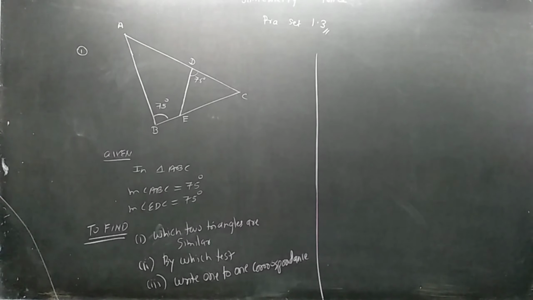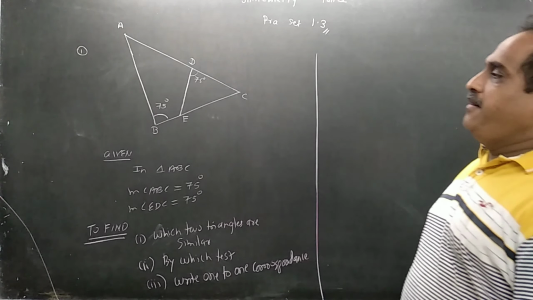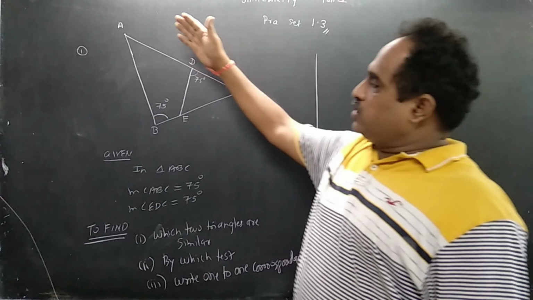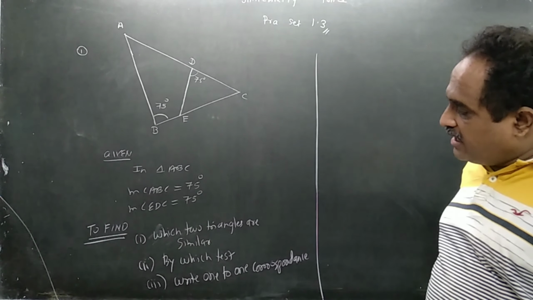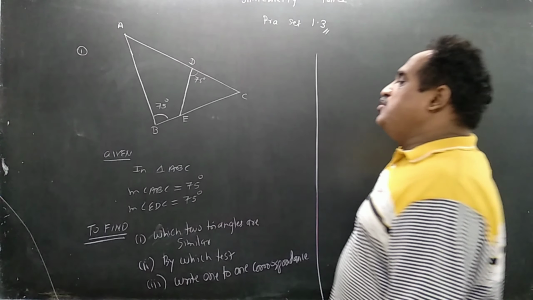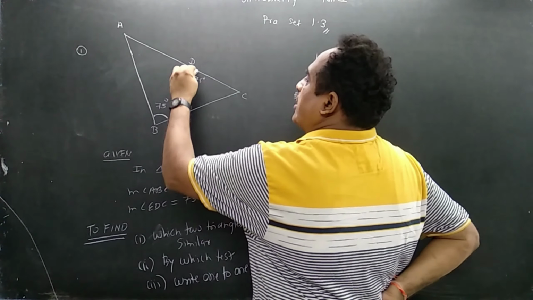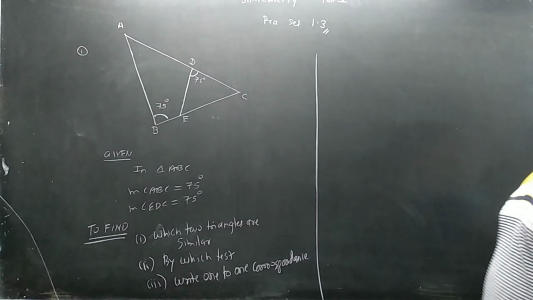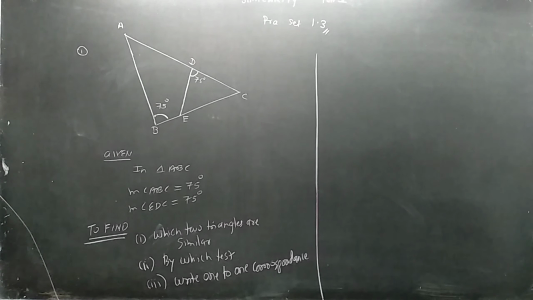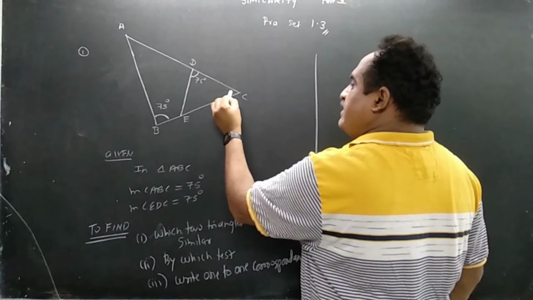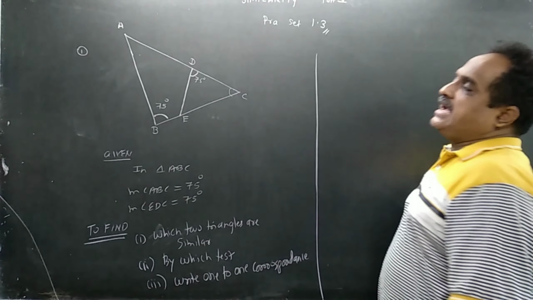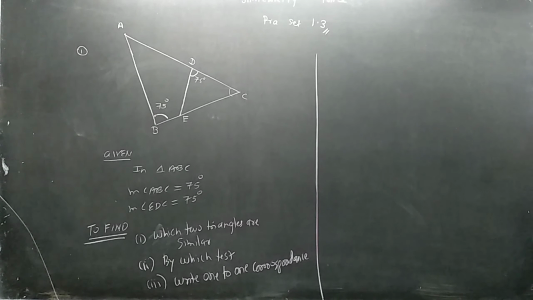Now, there are two triangles, one is ABC and the other is EDF. So we have to see whether they are similar, which of the two triangles are similar. Here I see that angle B and angle D are having the same measure, they are congruent. So if I consider triangle ABC and EDC, in EDC there is angle C, again in ABC there is angle C, which means that is a common angle. So we can easily prove these two triangles are similar by the AA test.